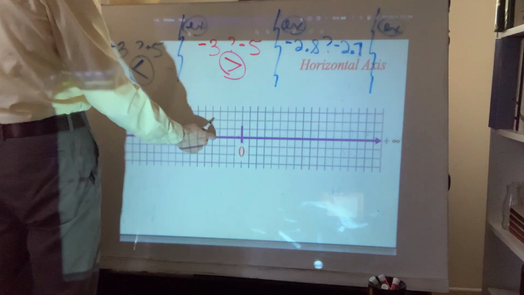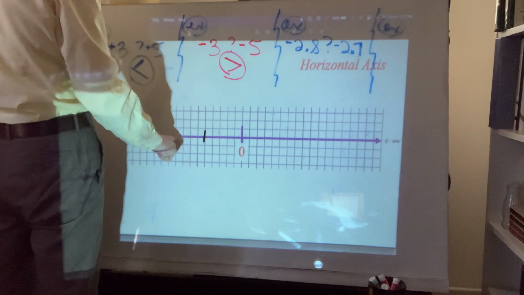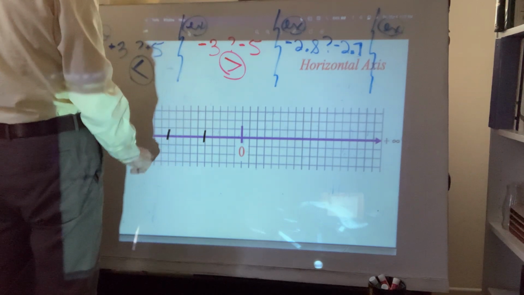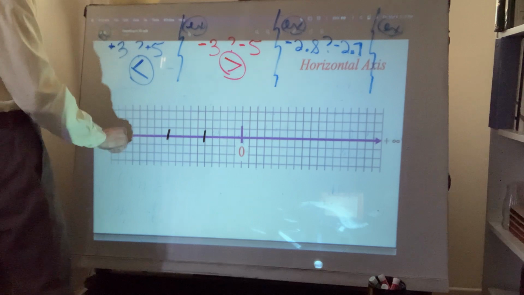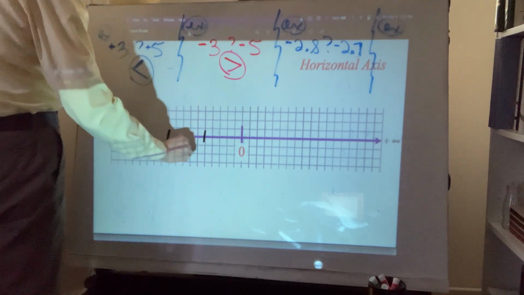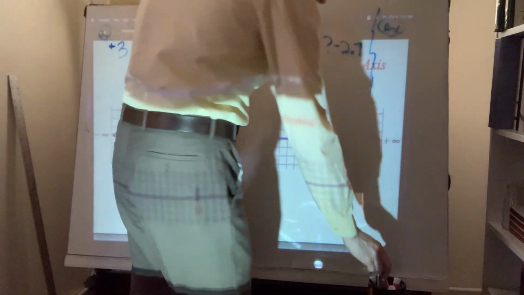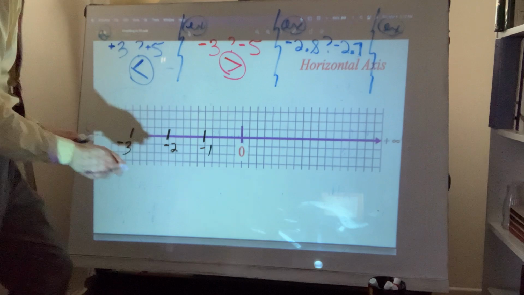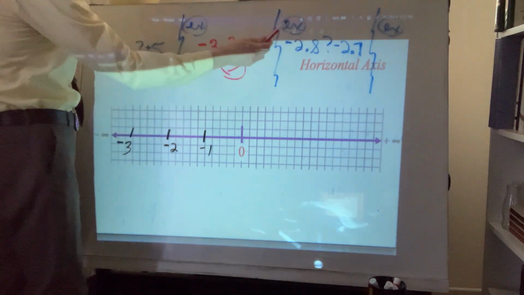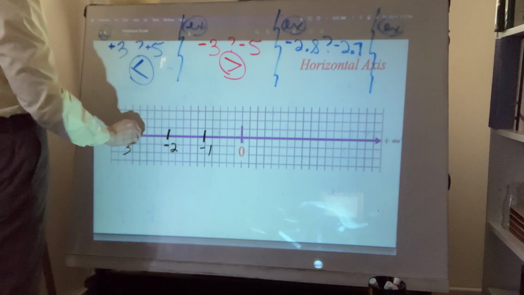I'm going to count 5 spaces. 1, 2, 3, 4, 5, just to get an estimate here. 2, 3, 4, 5. Here's -3. Here's -2. That's -1. -2.8 and -2.7. -2.8 is a larger magnitude, which means that it would be approximately here.